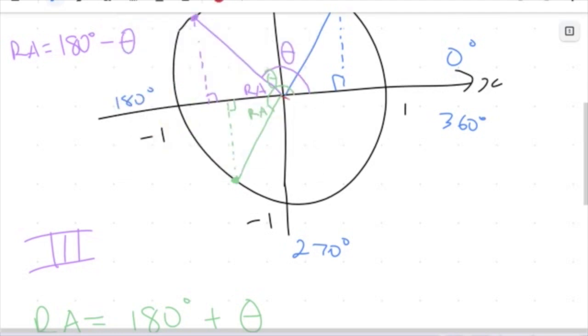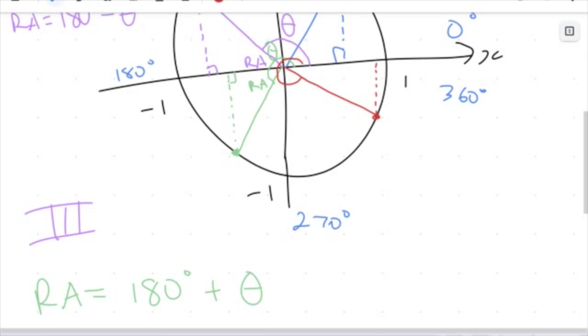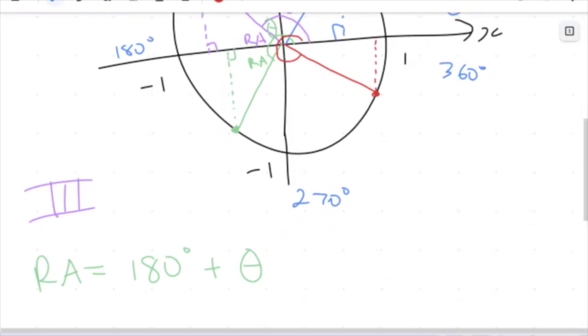Now, finally, in the fourth quadrant, let's just draw another color here. I pick a point here. And I've drawn this really massive reflex here. The final thing to do here is my reference angle. That's going to be when I take 360 minus theta here.